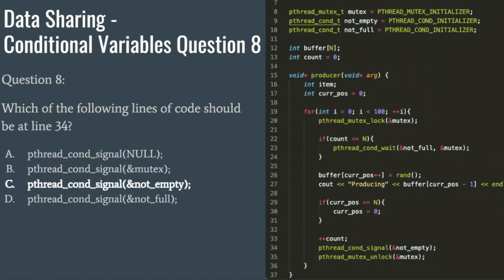If there is one order, then yes, that would happen like that. If the buffer was empty, it would just skip the if statement, because count would be 0, and that's not equal to n. So it would just add stuff to the buffer, and then send a signal to consumer.